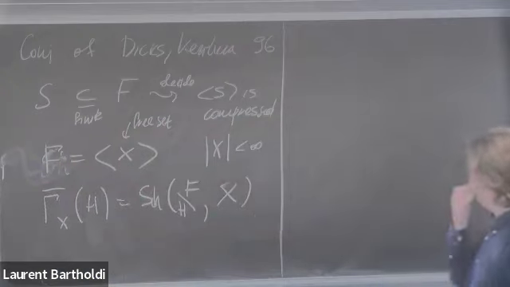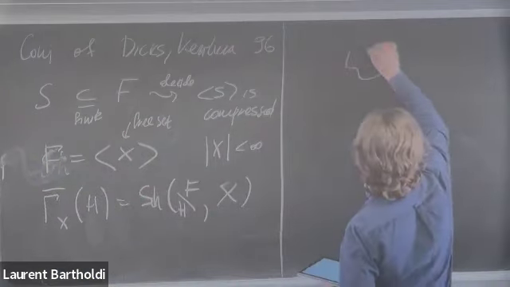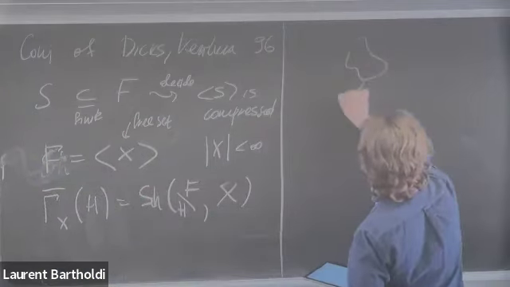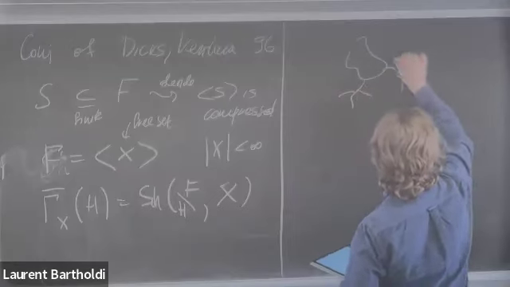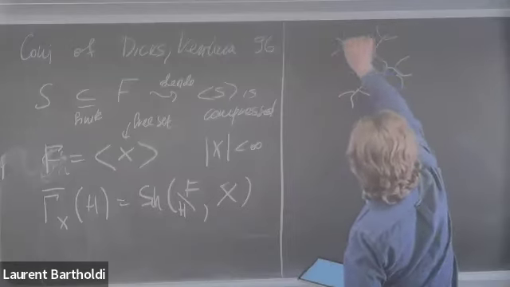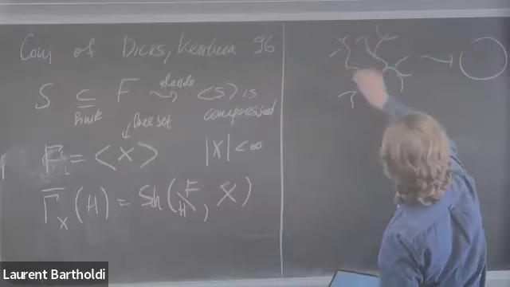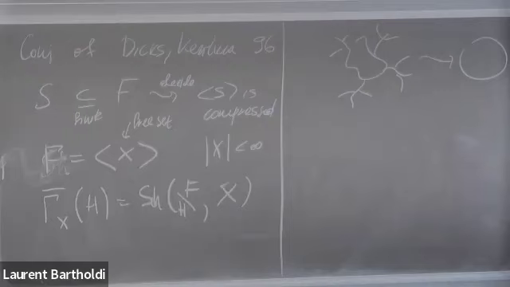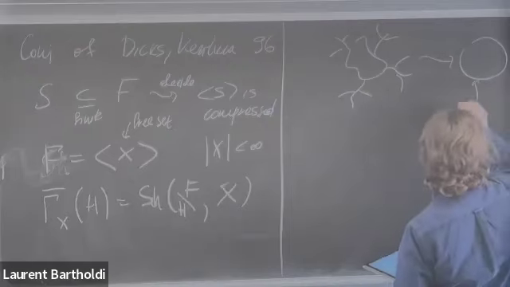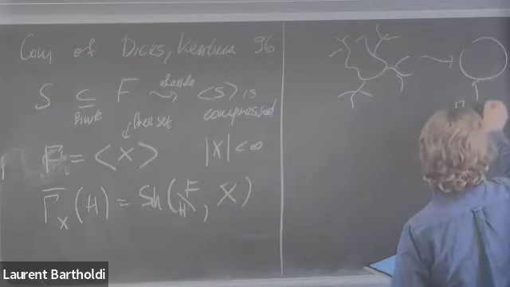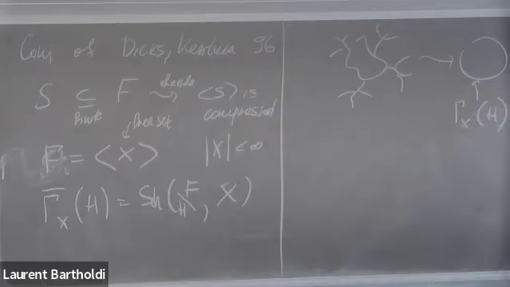Now this Schreier graph looks like there's some core, and then you have a lot of trees. Now we eliminate all the trees and look at the core graph.